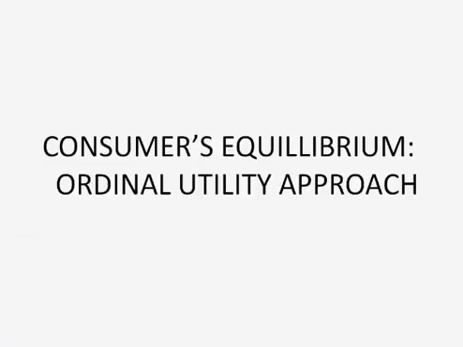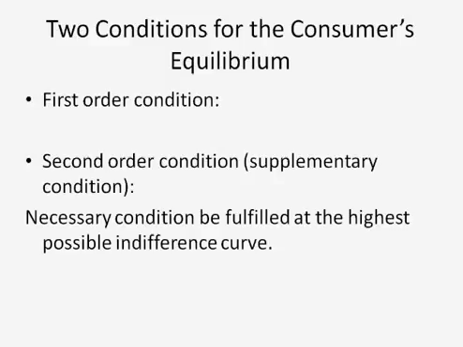Now, after understanding the indifference curve, we'll move on to understand how the consumer reaches his equilibrium point under the ordinal utility approach. Under the ordinal utility approach, there are two conditions for the consumer to reach equilibrium.